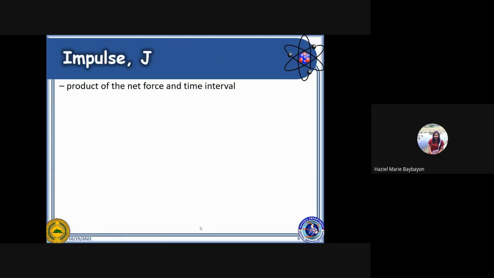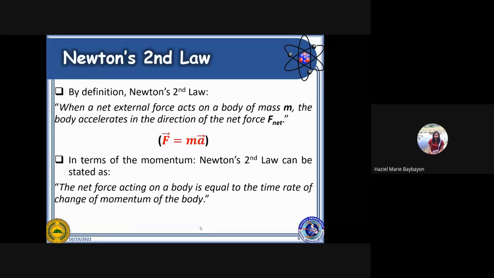Now we have another physical quantity here, impulse, which is denoted by J. So impulse is the product of the net force and time interval. Okay, so balik ta din, no? So if you multiply both sides by dt, you will get impulse.